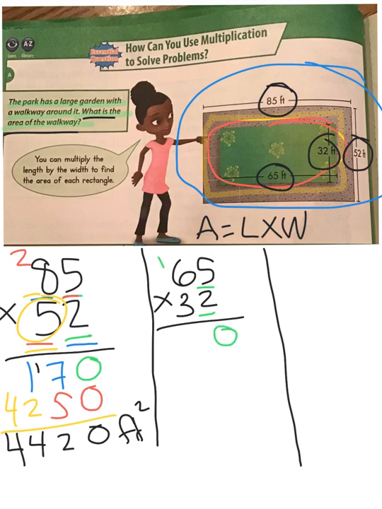Next, we're going to multiply 2 times 6, which is 12, plus 1 more is 13. I'm not done yet. I still need to multiply my tens. Before I multiply my tens, let's put a 0 to hold the place of the ones and erase what we regrouped. Now we are ready to multiply the tens. We're going to multiply 3 times 5, which is 15.